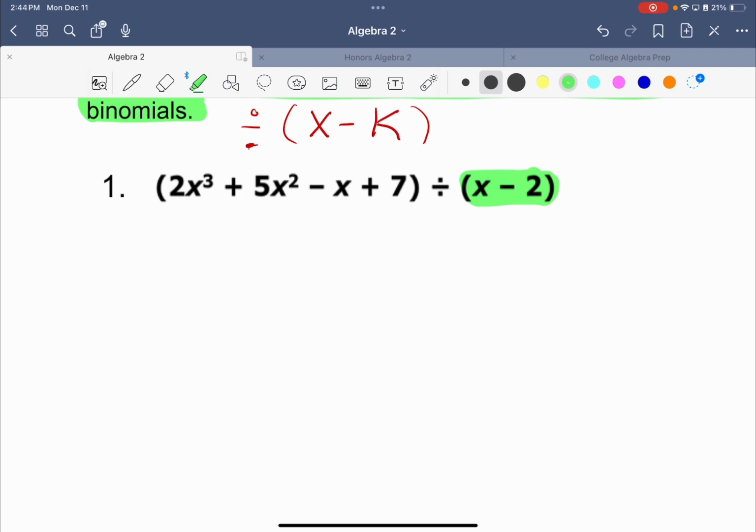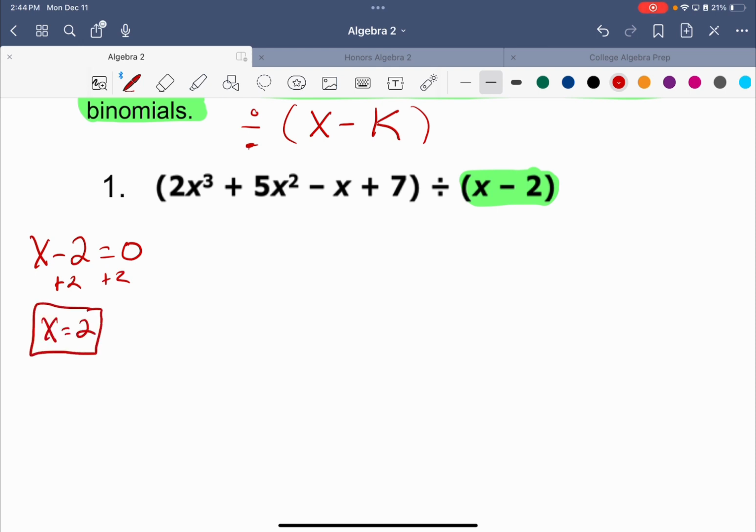The first thing you're going to do is take your divisor and set it equal to 0. So our divisor in this case is x minus 2. We're going to set that equal to 0 and solve. So we add 2 to both sides. That gives me x is equal to 2.